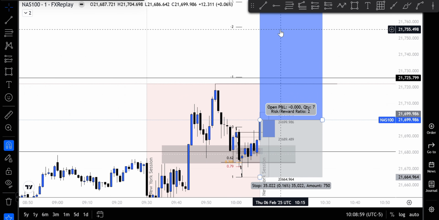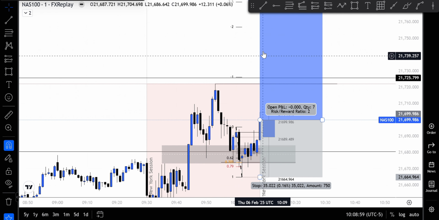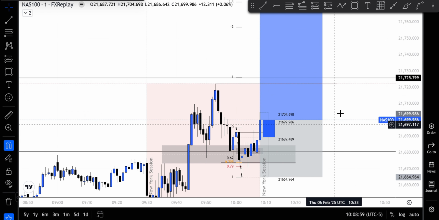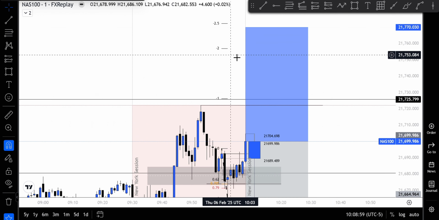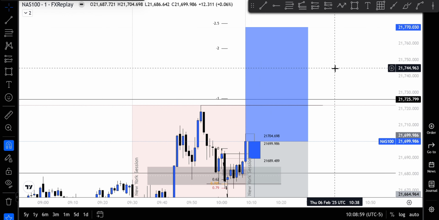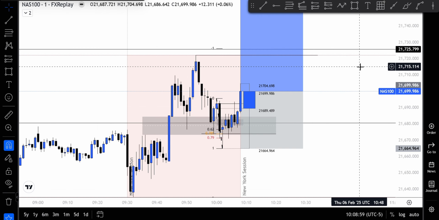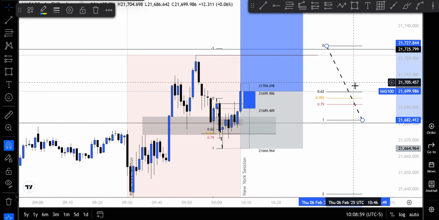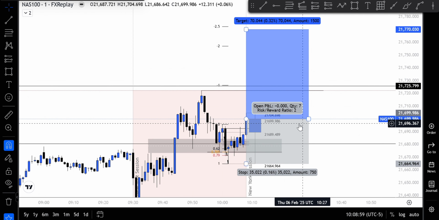But if buyers can break through here, we also have the -1 on the fib, so we can expect a little accumulation, manipulation maybe, and tap us out, fake us out, which could be really sad, and then a distribution upwards, and we can still face the same accumulation. Now, that is standard deviation, and that is the most beautiful thing that you should be learning. I'm going to post a video next week about the standard deviation, which is actually a really important concept that you guys should be trading as well.